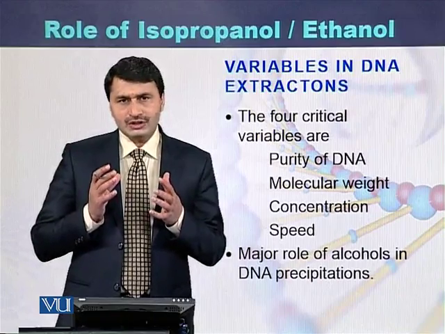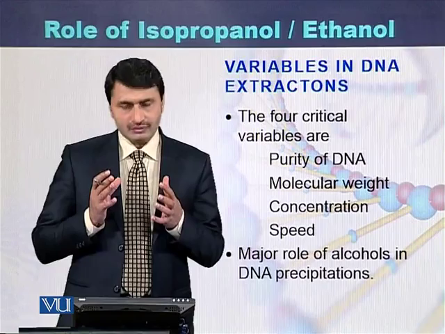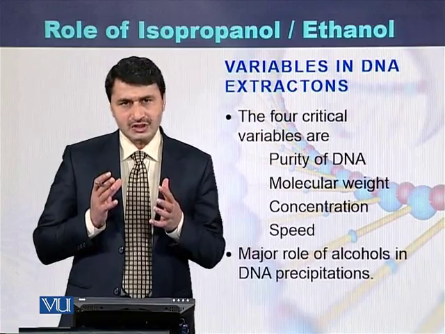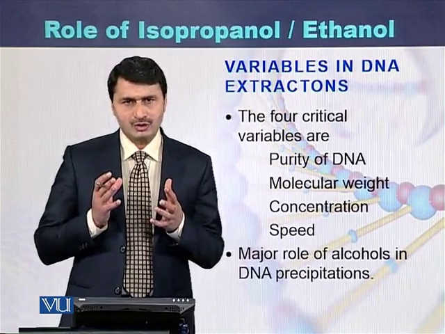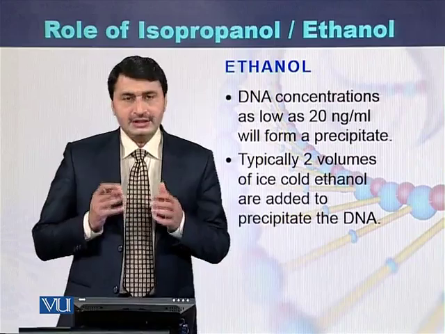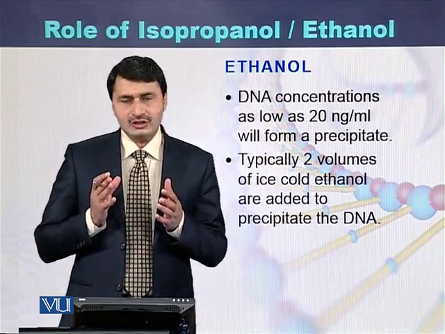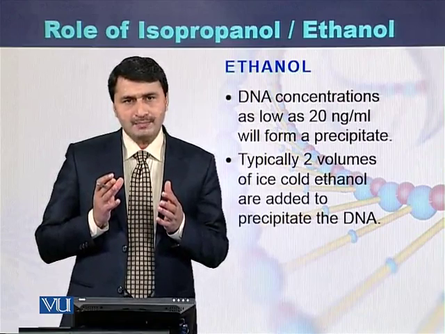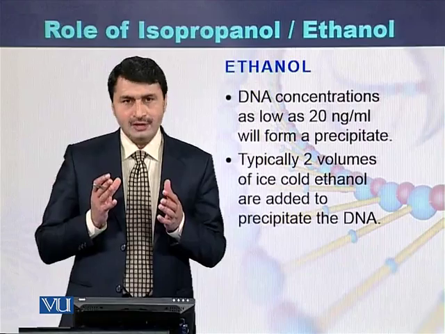Along with these variables, there is also a major role of alcohols in the precipitation of DNA. The alcohol can be ethanol or isopropanol. In case of ethanol, DNA concentration as low as 20 nanogram per ml can be precipitated with the help of ethanol.